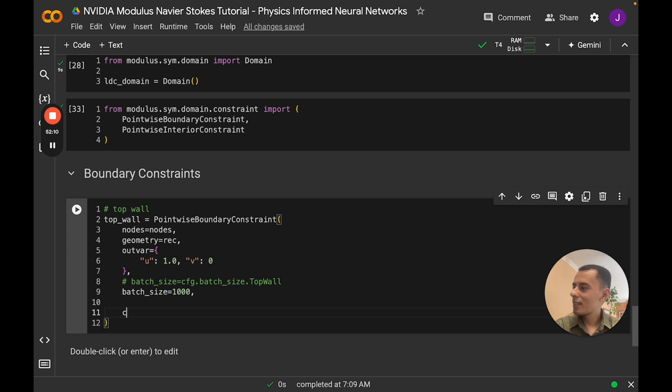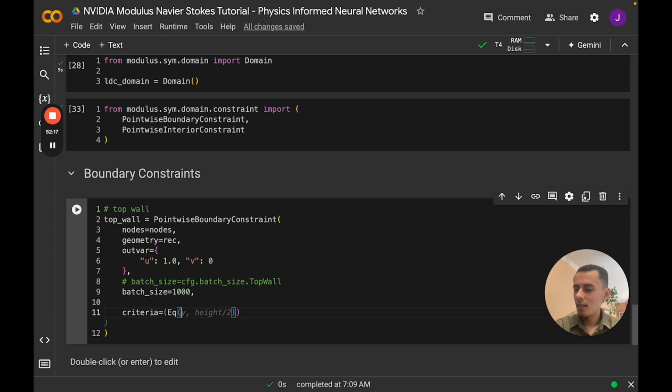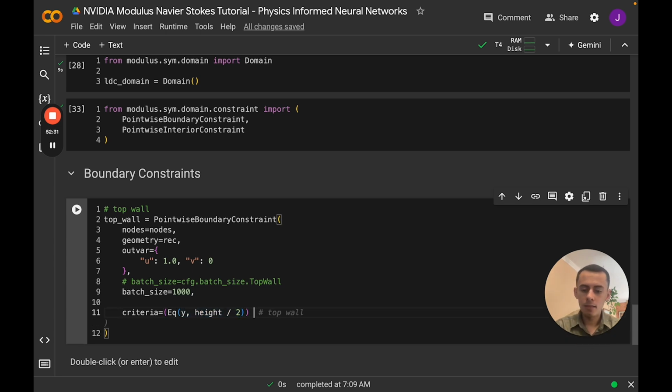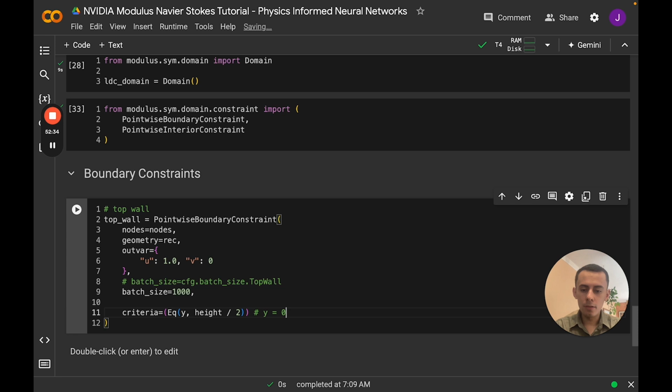So there's a criteria. Obviously, where is this supposed to happen? Well, we have a condition, right? Where y happens to be half the height. That's y equals 0.05.